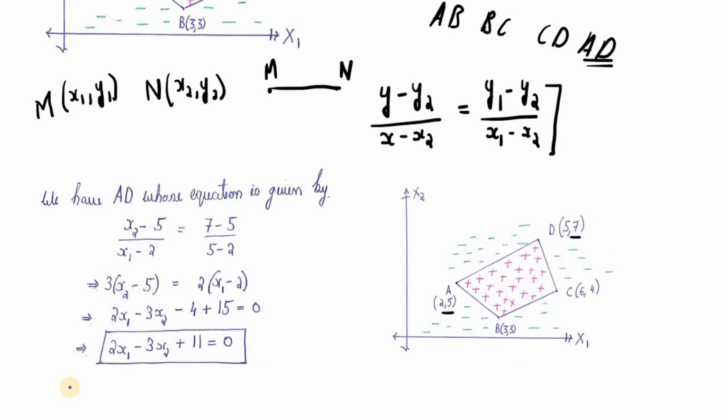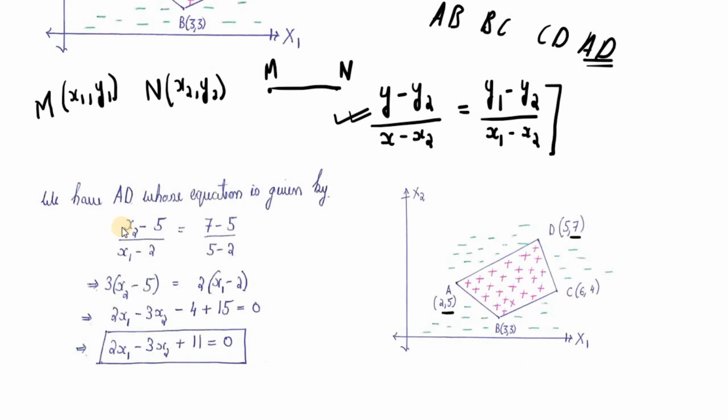To find the equation of AD, I will just use the equation we refreshed over here, with the only difference that x1 and x2 are being used in place of x and y, but the idea remains the same.